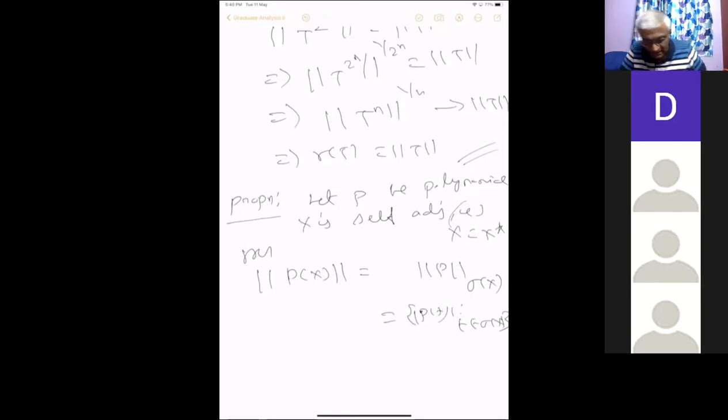You can notice that this is true for x normal, where the norm of x is the same as the norm of the identity function, x going to x.